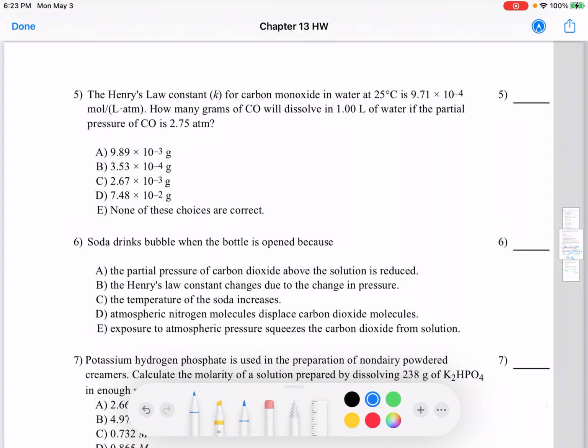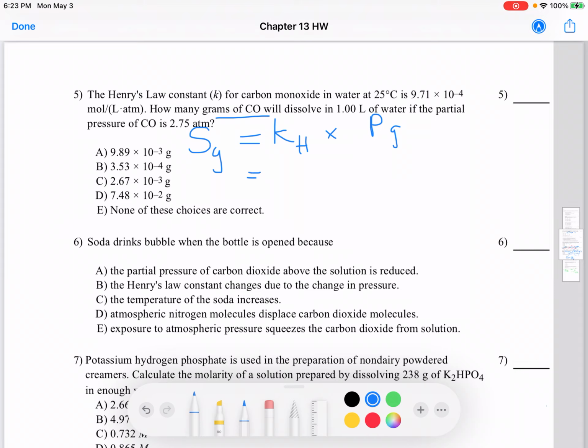We talk about Henry's law in the lecture videos, and you will find that Henry's law gives us the solubility. So you can find the solubility of a gas, and Henry's constant is given as Kh times the partial pressure of the gas. What we want to find out is how many grams of carbon monoxide will dissolve.